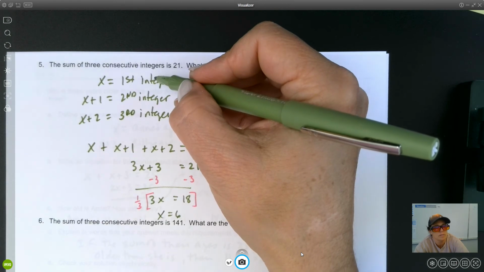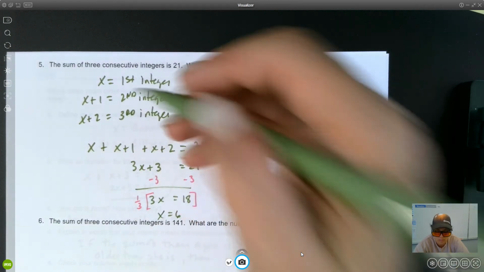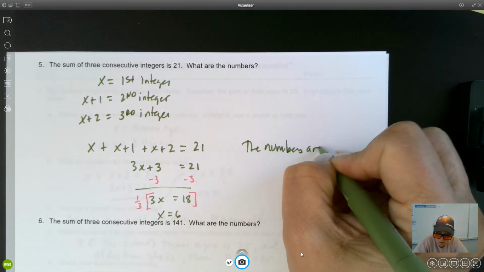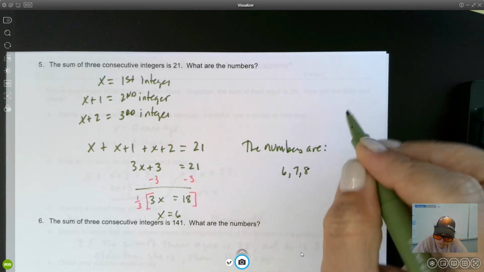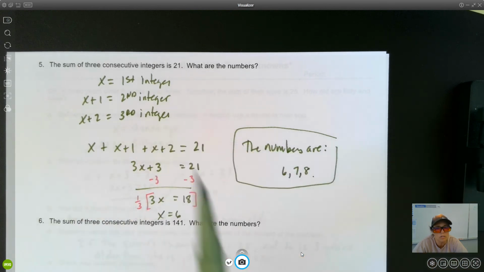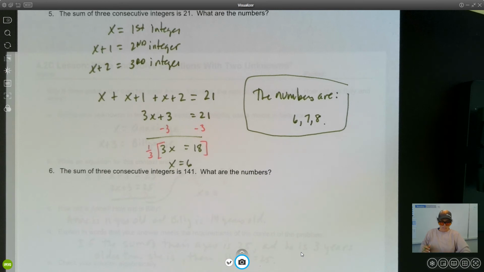So we have 6. 6 plus 1 is 7. 6 plus 2 is 8. So the numbers are 6, 7, and 8. Okay, and just make sure they should add up to 21, shouldn't they? And they do. Okay, pause and try number 6.